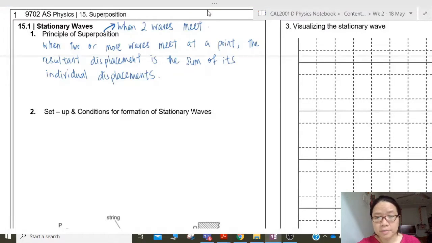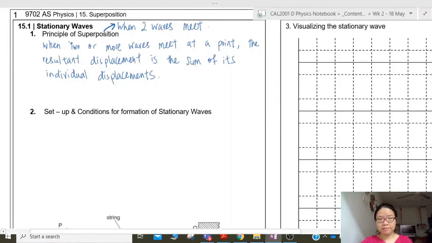So for example, if you're talking about the constructive interference, you have two or more waves meeting at a point, and the resultant displacement is the sum of the individual displacements.